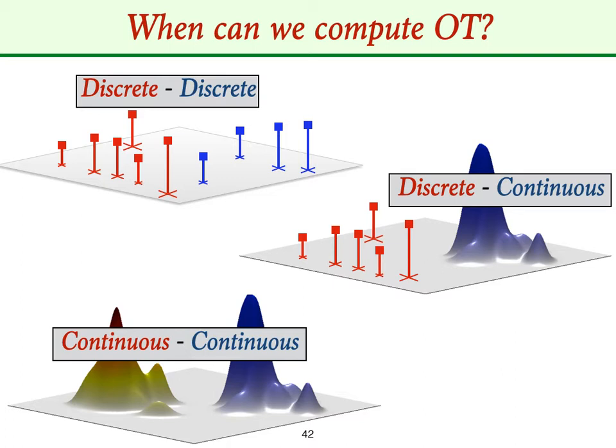There's always going to be a coupling between two measures. So if you're just minimizing over the space of couplings, this is always a well-defined problem. And if you're just integrating against the cost, then it's going to be, at least on paper, a well-formulated problem. Therefore, you can very easily compare two discrete measures, one discrete and one continuous, and a continuous against a continuous distribution.